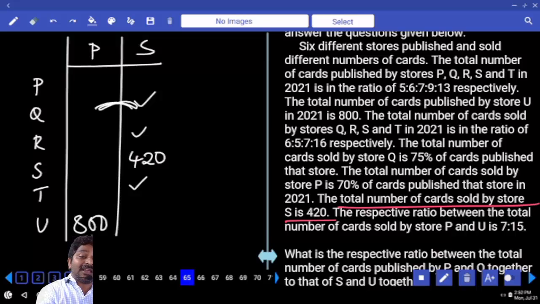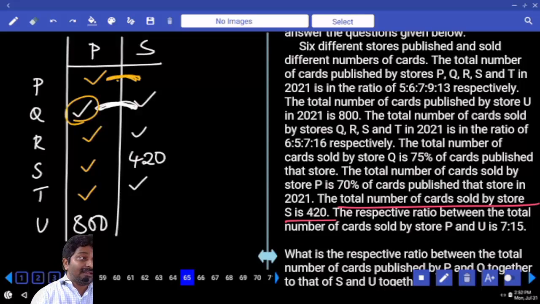Somewhere we also have a relation between these two. So can we fill the Q value? Yes. Once you have the Q value, we were given the published cards ratio for all these values. Once you have the Q value, can you fill all these numbers? Right. Also we were given a relation between published and sold for the P value. So this number can also be done.